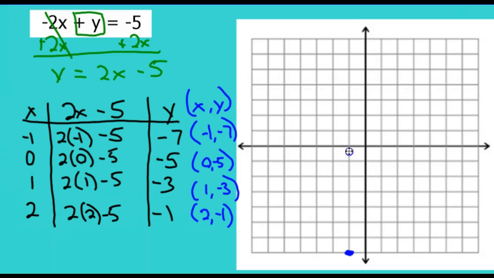Put a point there. 0, negative 5, 1, 2, 3, 4, 5. 1, negative 3, 1, 2, 3. And 2, negative 1. So then we just got to connect these points. Then we have our line.